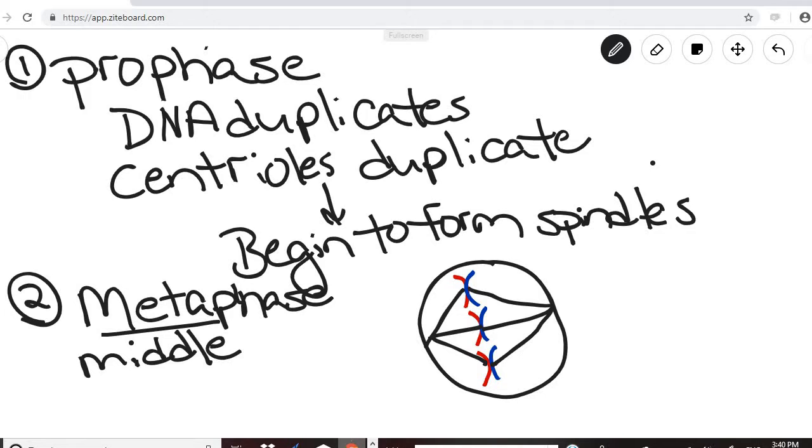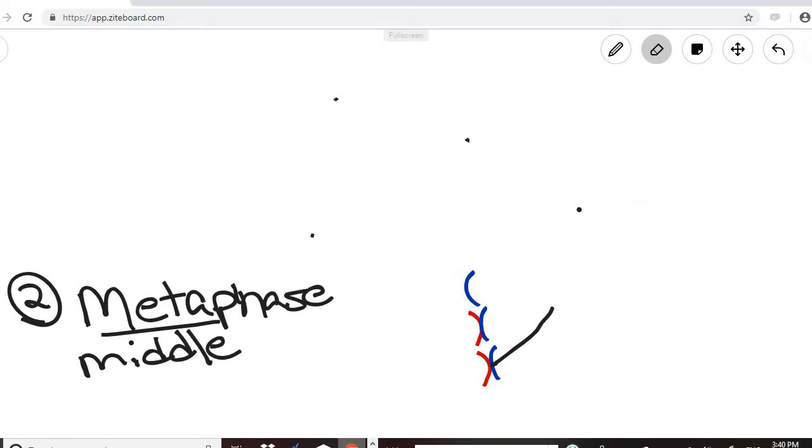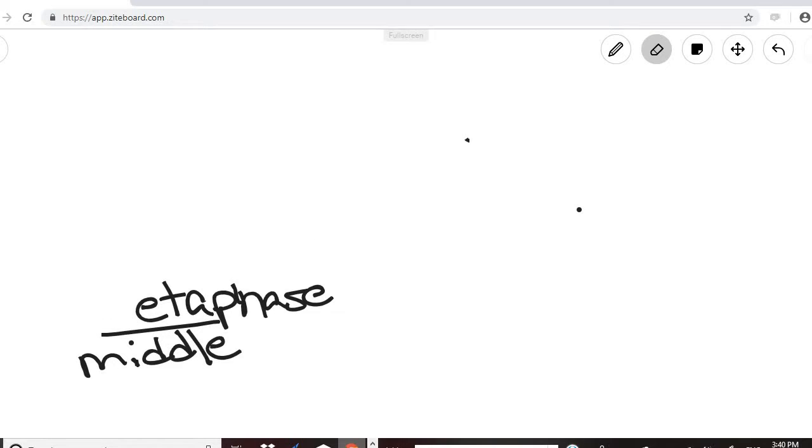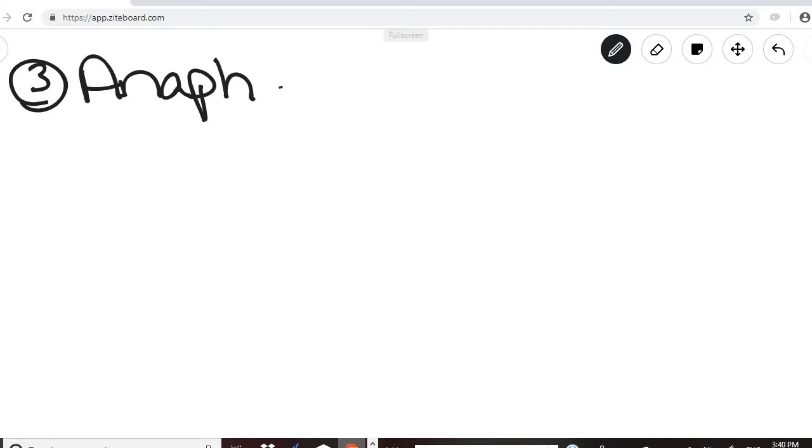Okay, let's go back to our whiteboard. And now the next phase, so we'll erase this, phase number 3, P on the mat. So the next one, it starts with an A. So that's phase 3, anaphase. And what happens in anaphase is that those chromosomes that were duplicated get pulled by the spindles so that they separate from each other.